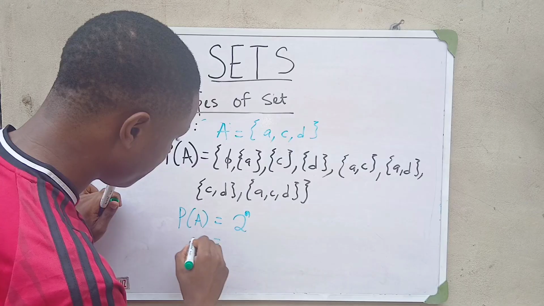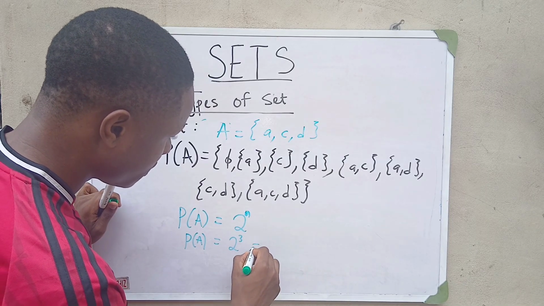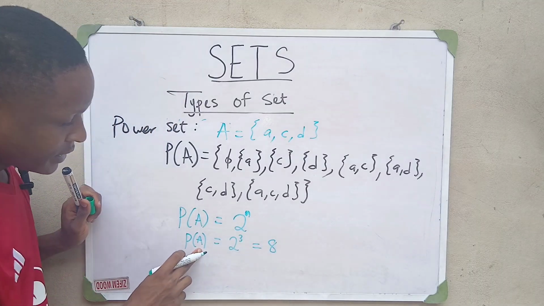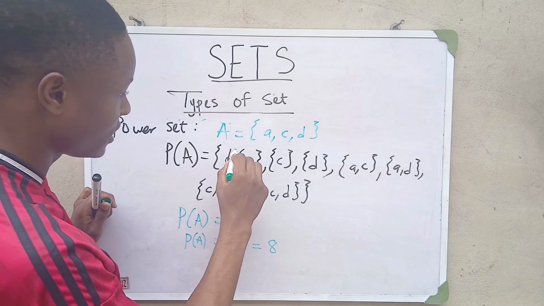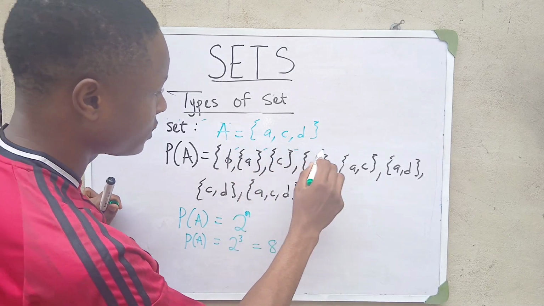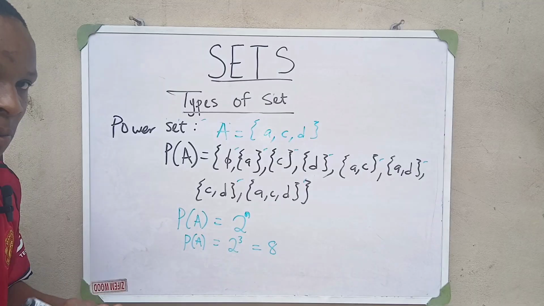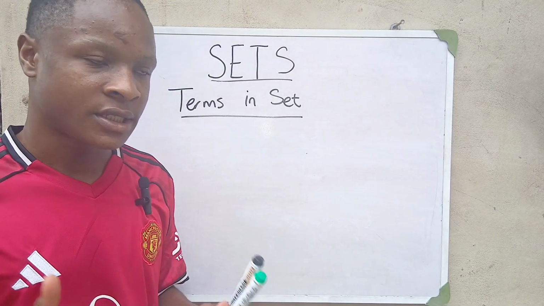So we have P of A equal to 2 raised to power 3, which is 8. So we are going to have 8 elements in the power set. Let's count the sets here: 1, 2, 3, 4, 5, 6, 7, 8. So it's complete.